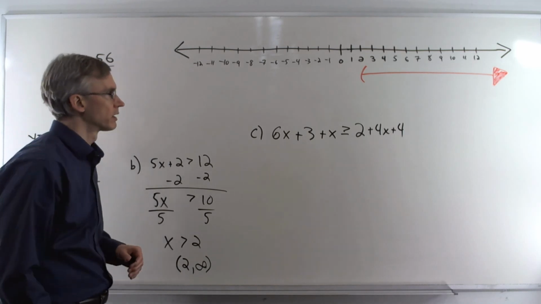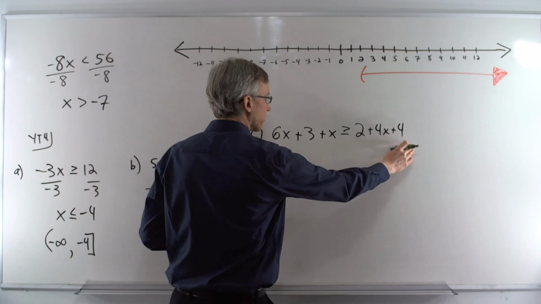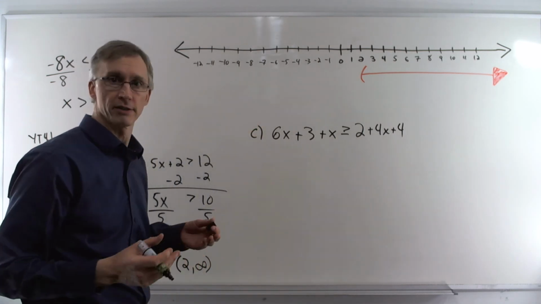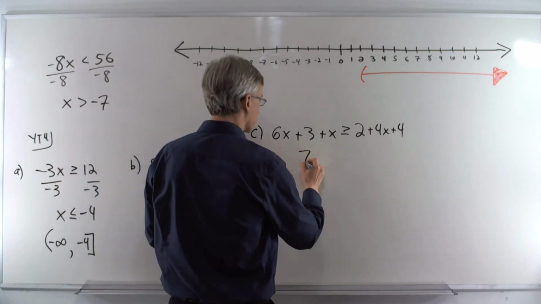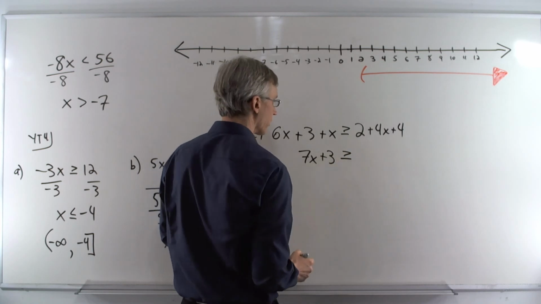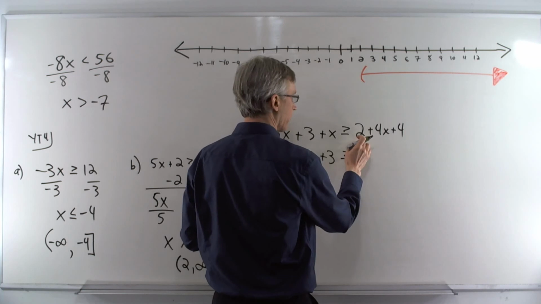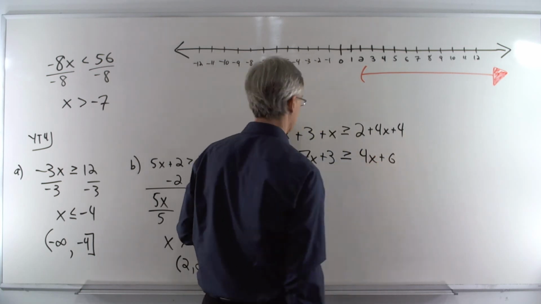So when solving equations or inequalities like this, first thing we want to do is simplify each side. We don't have any parentheses, so we'll just combine like terms. 6x plus x is 7x, so that gives us 7x plus 3 on the left, greater than or equal to. Here we've got a couple of constants we combine, 2 and 4, so that's 4x plus 6.